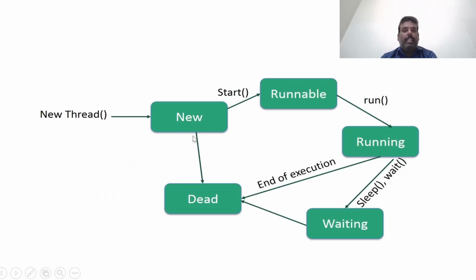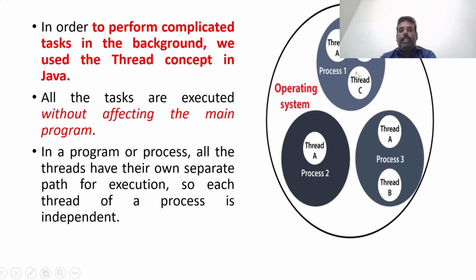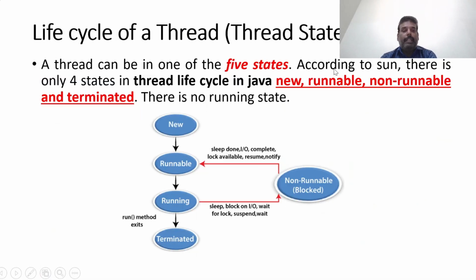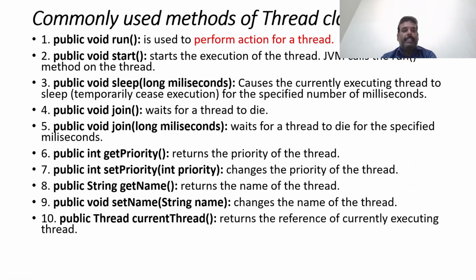So we have seen in this diagram, if you have more than one thread, எந்த ப்ராசஸ் ஃபர்ஸ்ட் எக்ஸிக்யூட் பண்ணணும், செகண்ட் எக்ஸிக்யூட் பண்ணணும் அப்படிங்கிறது டிசைட் பண்றது, that is the priority method. And we can set priority to a particular thread. There are also getName, setName, and currentThread methods. So these are the 10 different methods present inside the Thread class.